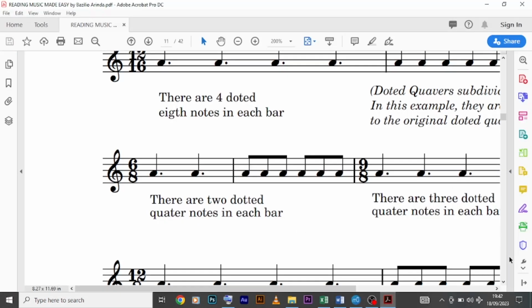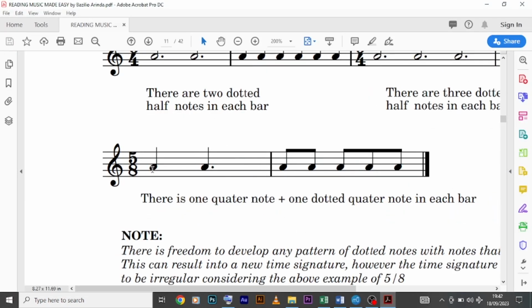The 5/8 is derived from a crotchet and a dotted crotchet. So the first half has 2 quavers, the second half has 3 quavers. When you expand the crotchet, it gives you 2 quavers. When you expand the dotted crotchet, it gives you 3 quavers.